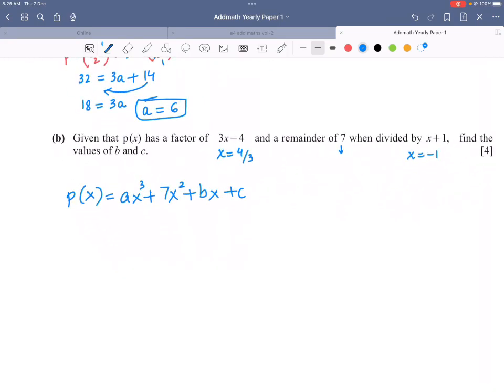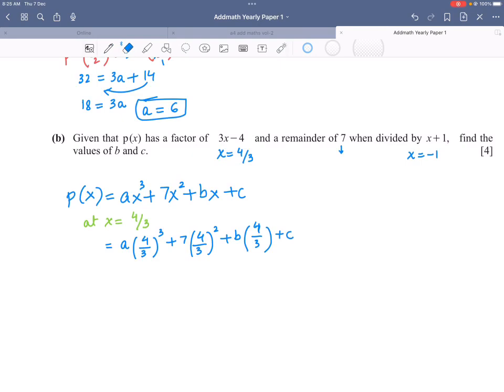So the first value we are going to plug in is x equals 4/3. So a times (4/3) to the power 3, plus 7 times (4/3) to the power 2, plus b times 4/3, plus c. We have the value of a, so we can place the value for a here, that is 6.